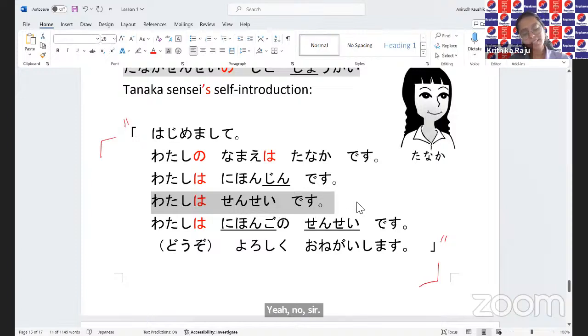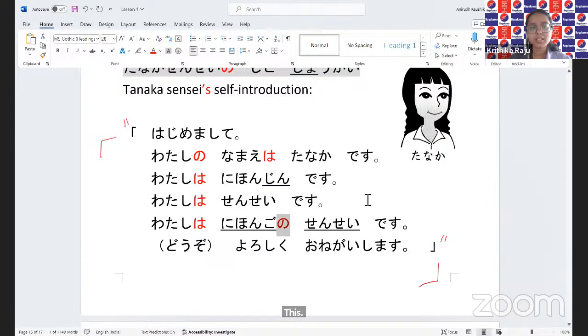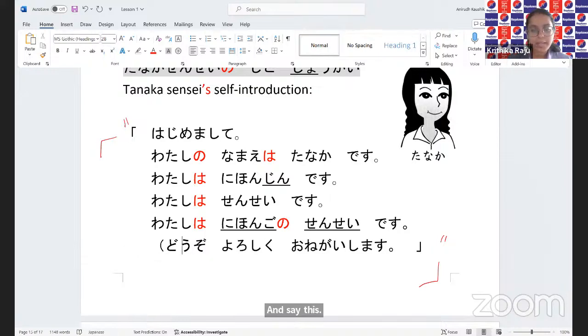Next sentence. Watashi wa Nihon no sensei desu. Very elaborate introduction, split in many sentences because it's very basic, right? Last sentence. Let's read what is in the bracket also.